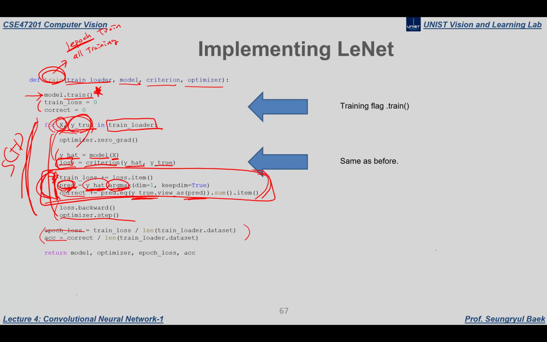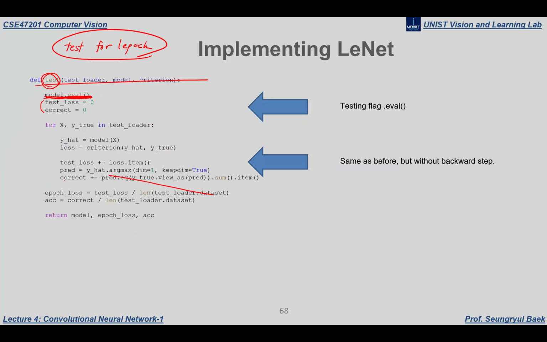Okay, anyways, there's no this code here. Previously there was loss backward and optimizer step in this part. But at testing, you only do the forward pass, and calculate the loss and the classification accuracy here.